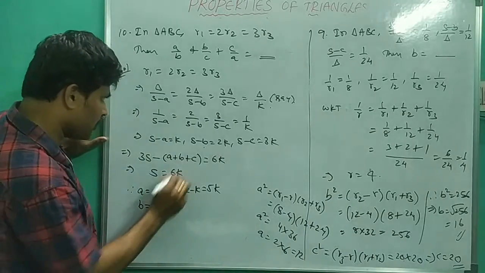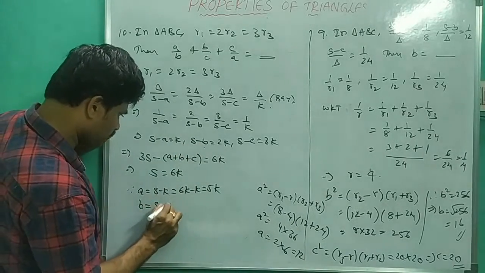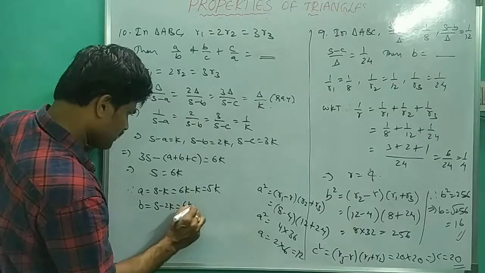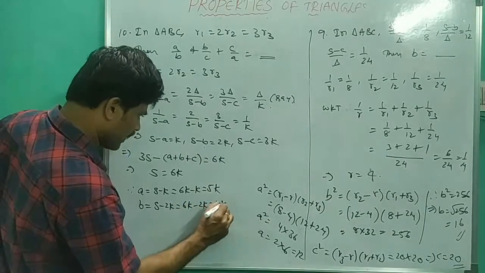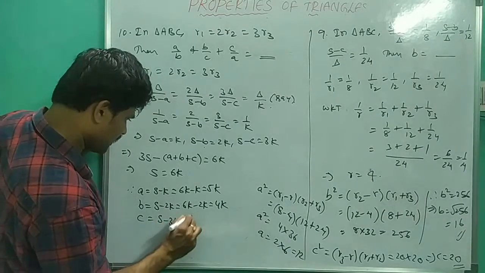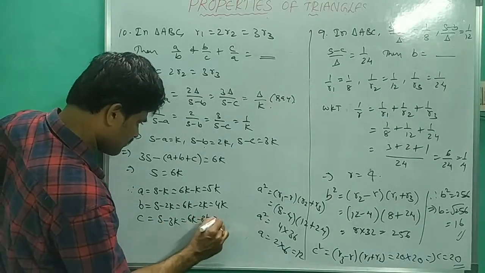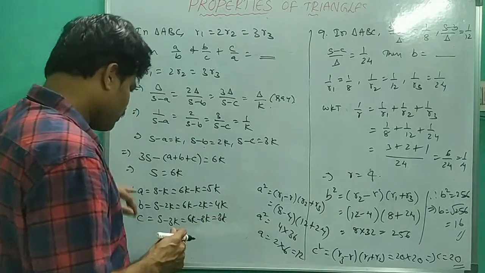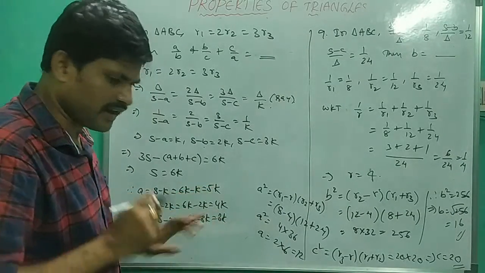Similarly, to find b, b equal to s minus 2k, so 6k minus 2k, that is 4k. Similarly, c equals s minus 3k, that is 6k minus 3k equals 3k. So here we found the values a, b, c in terms of k.